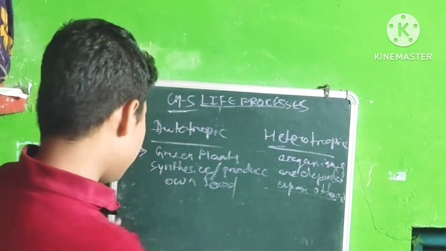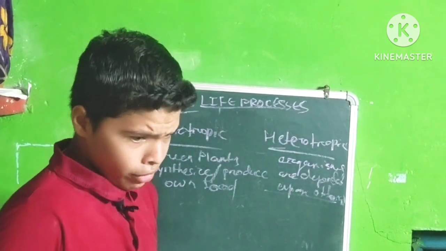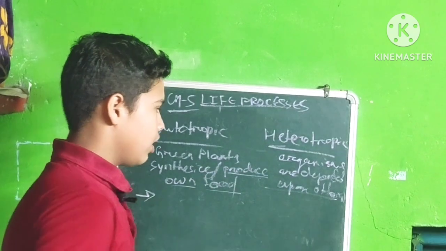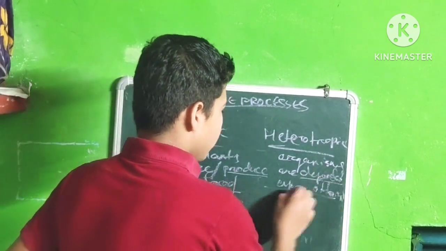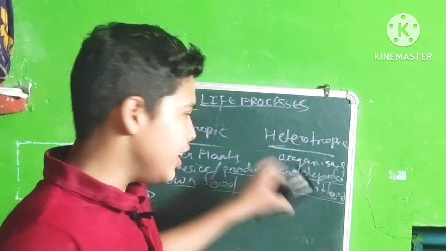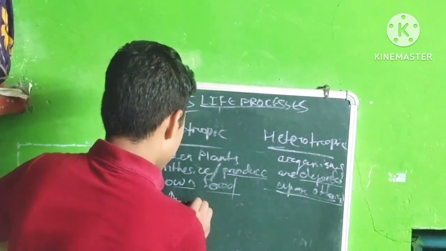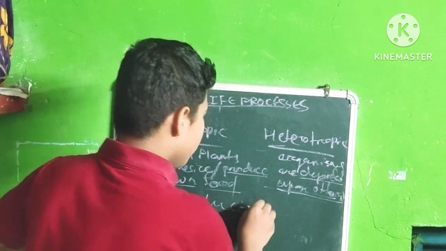Now if we look towards the second point, then what do we find? Here we have said that they produce food of their own, right? And here we said that they are dependent upon other organisms. Now here we can say that these are producers because they can produce of their own.